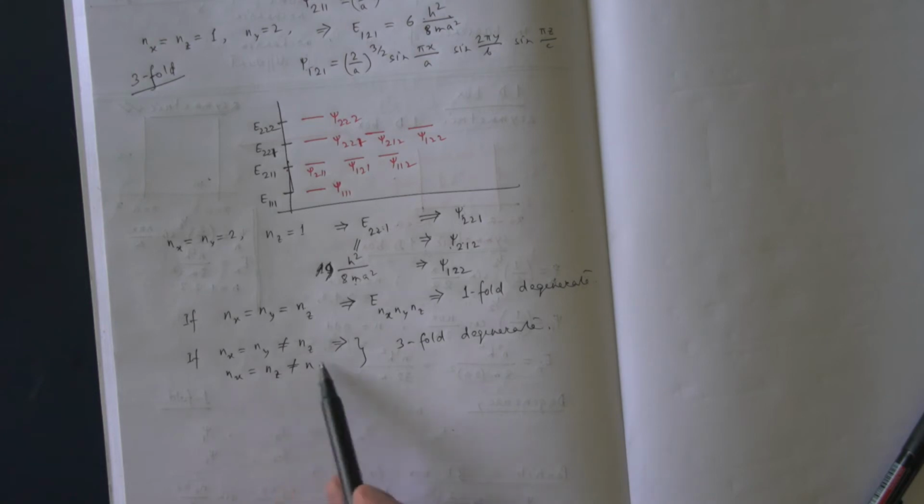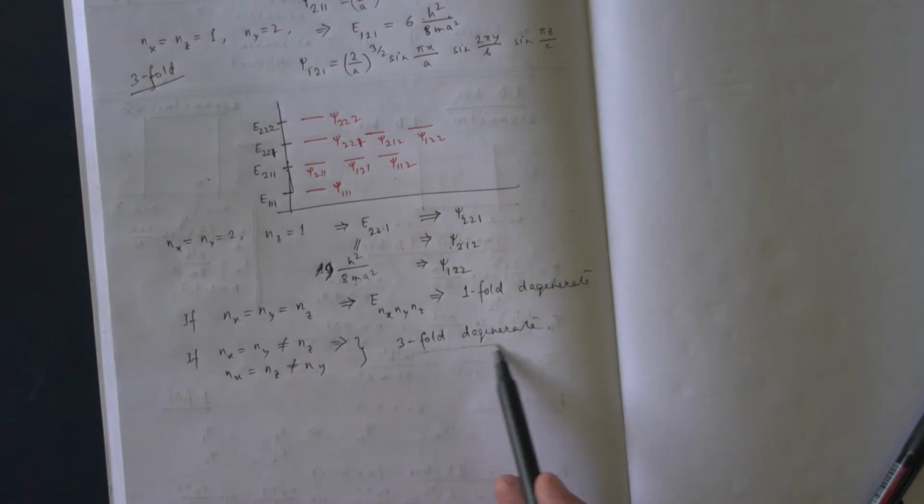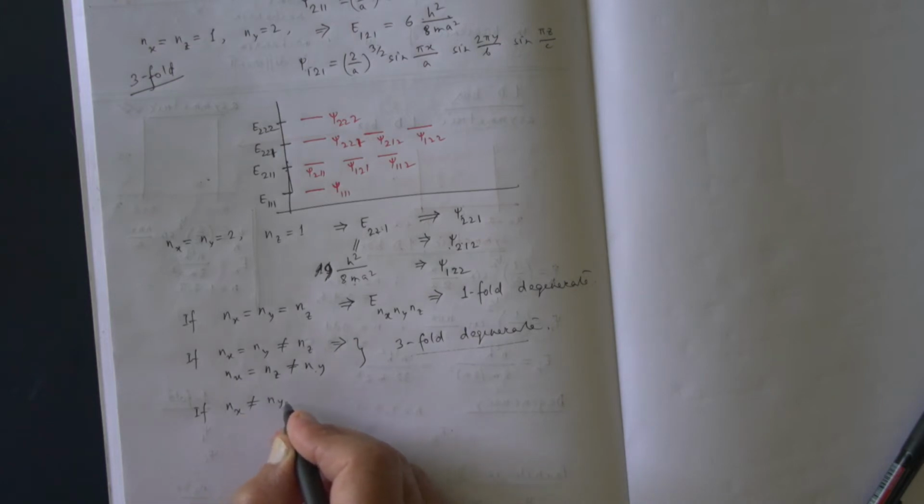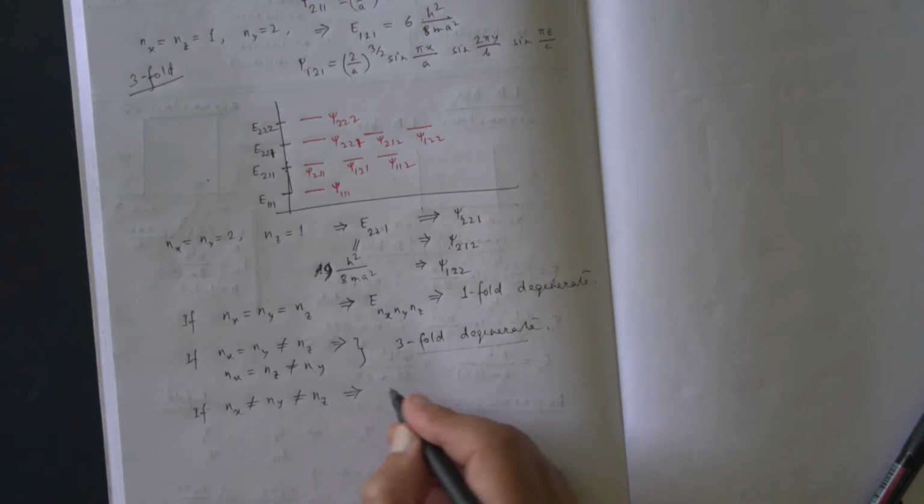So if this be the condition, two quantum numbers are the same but one quantum number is different, then that energy level will be threefold degenerate. We have already seen this. But if nx is not equal to ny, is not equal to nz, then that particular energy level will be sixfold degenerate.